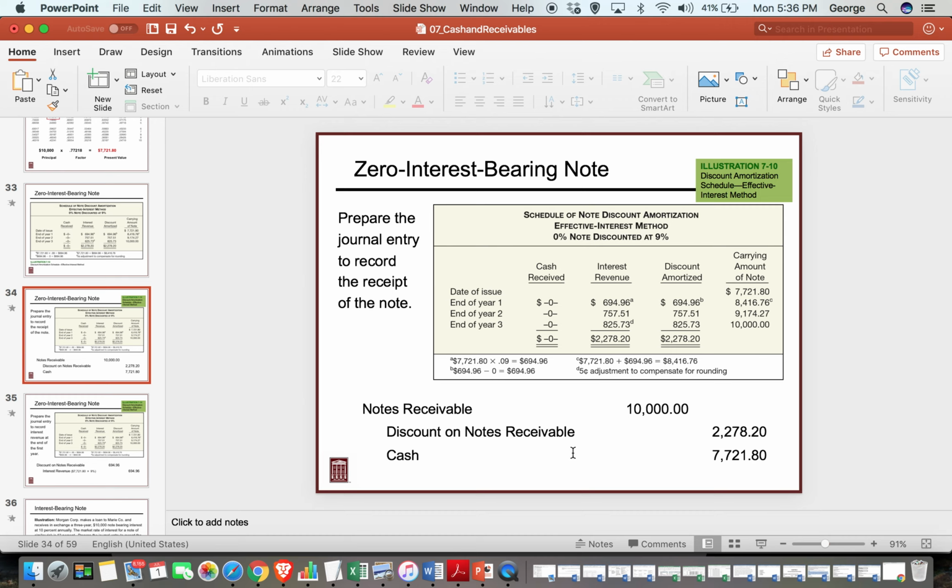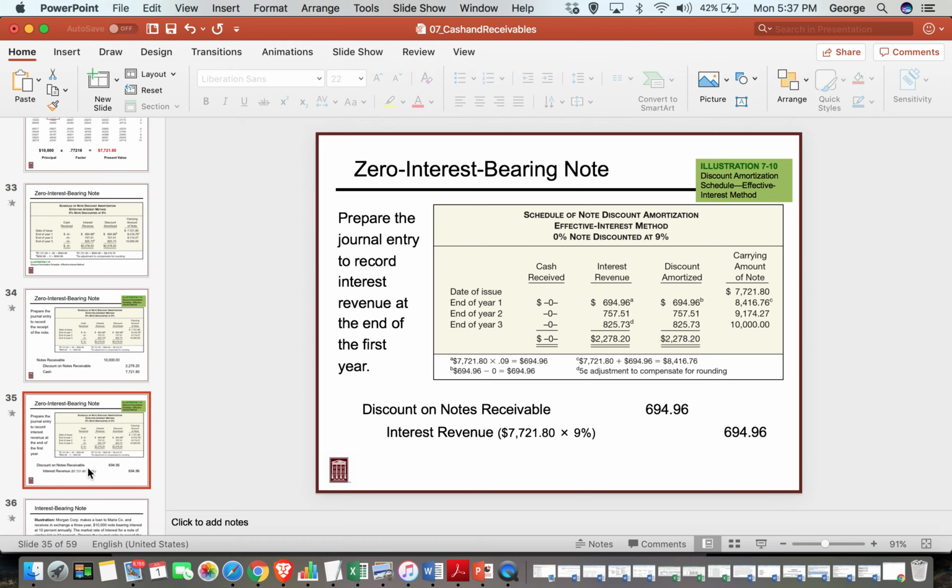All right, so here's the entry at the beginning of the note. The note receivable is $10,000, the discount, which is your interest, is $2,278.20, and the cash we're going to give them is $7,721.80, but they're going to have to pay us back $10,000.